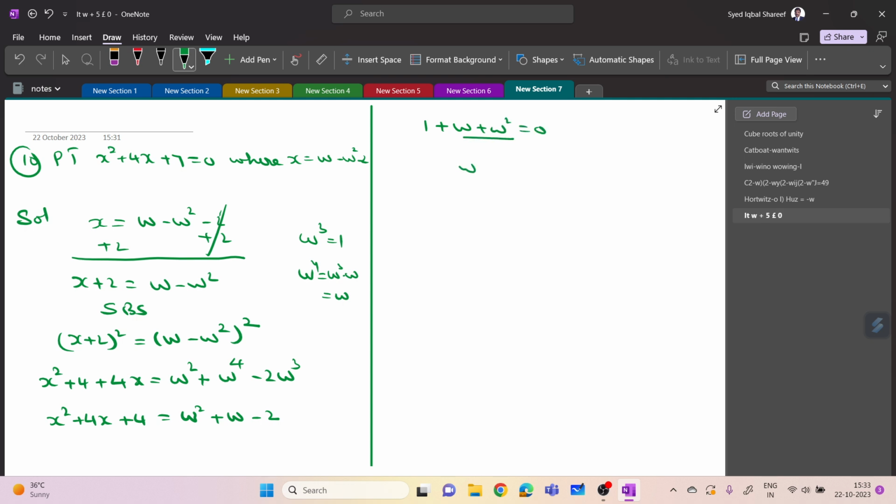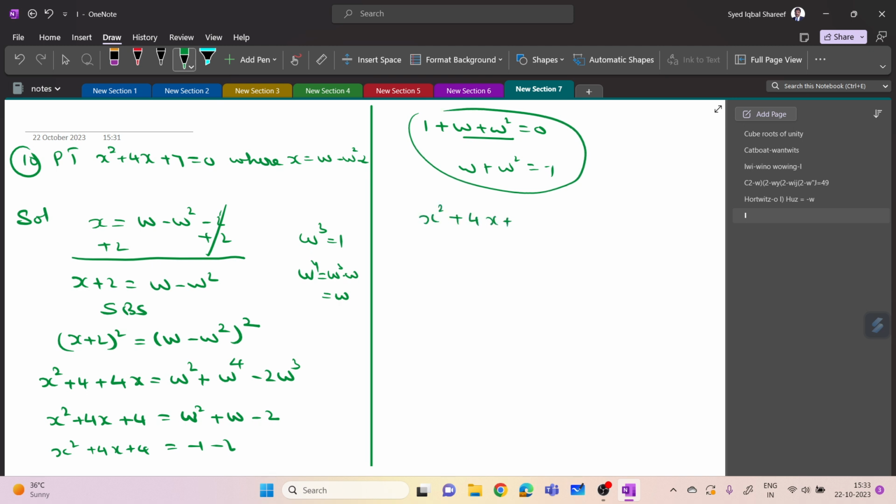So x square plus 4x plus 4 equal to minus 1 minus 2.